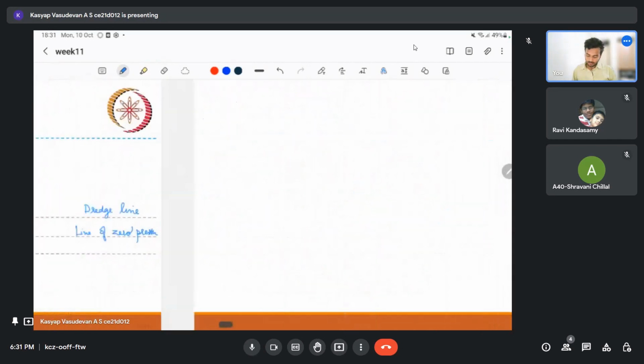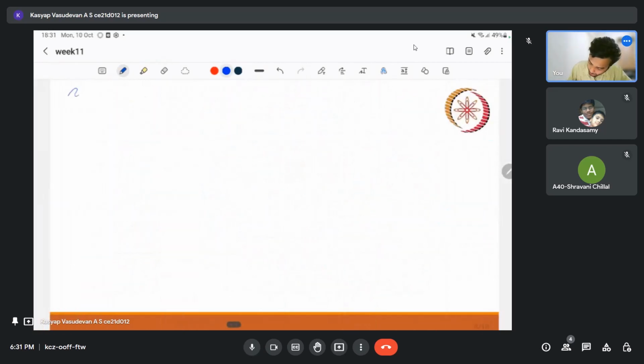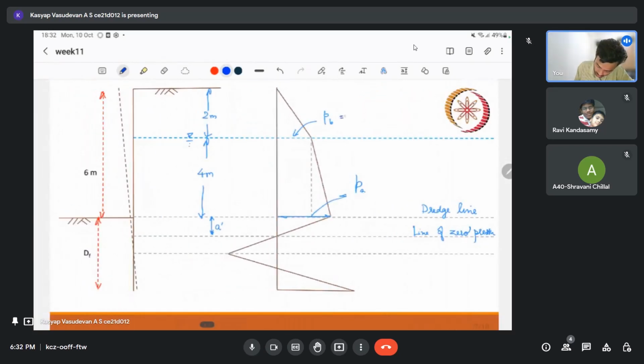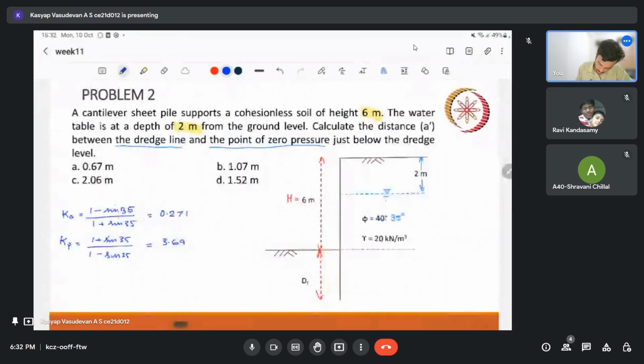We can write PB is equal to, so this PB is nothing but our gamma. Our gamma above is 18 kilonewton per meter cube. I forgot to mention that. Saturated is 18 kilonewton per meter cube, and this is bulk also 18 kilonewton per meter cube. So my submerged is nothing but 8 kilonewton per meter cube.